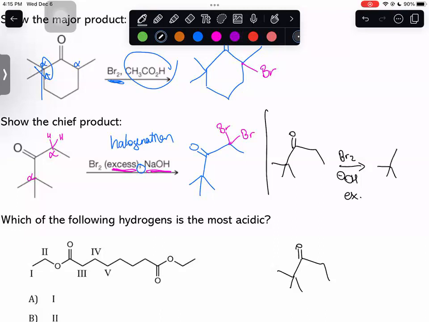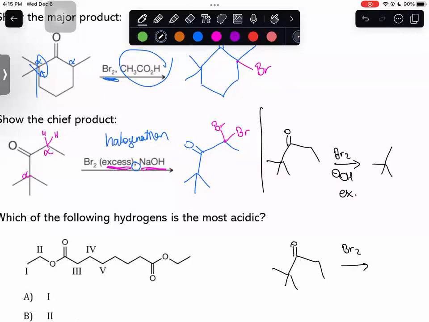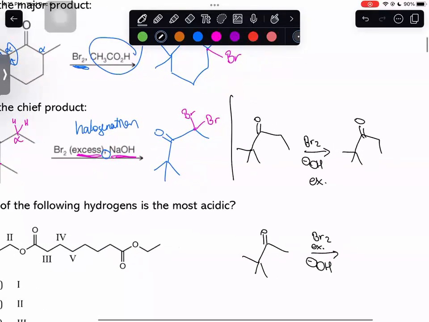So I'm saying 3 alpha protons, and you have excess Br2, then OH normal. Yes, the 3 Brs on 3 alpha protons. No haloform reaction, but again, bases promote polysubstitution.